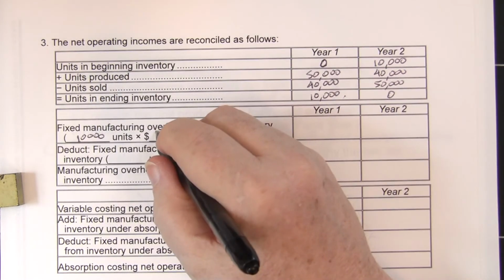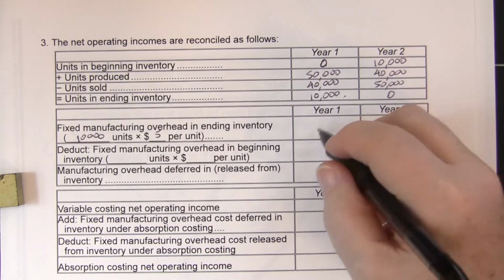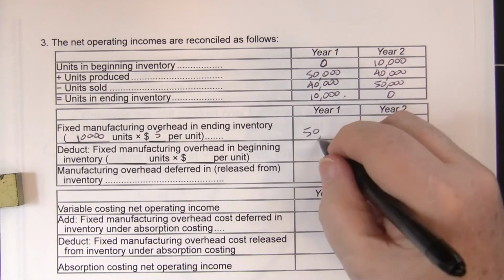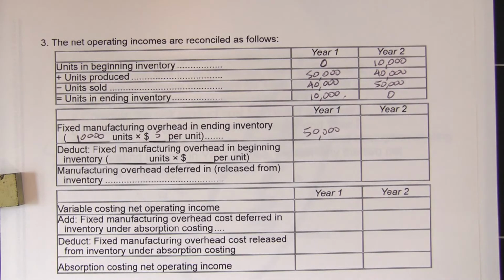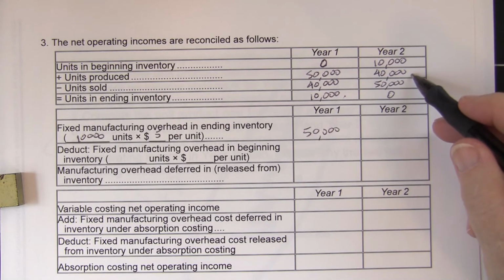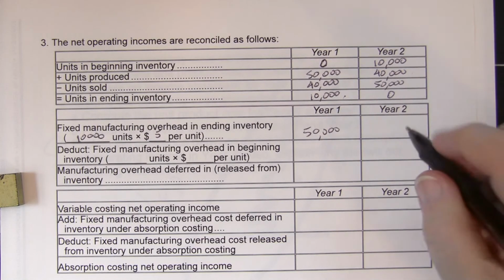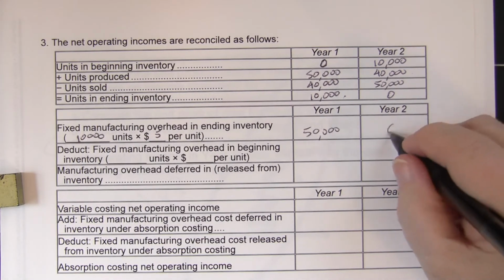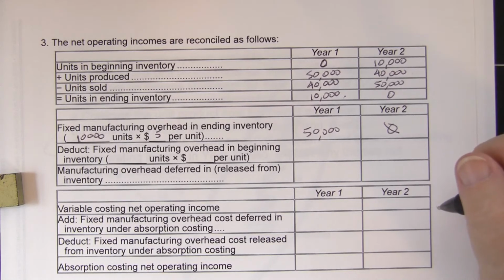So we had that $5 per unit, so that's $50,000 in inventory of fixed overhead from year 1. In year 2, because not only did we use up last year's, but we sold all that we made, we had nothing in ending inventory. So that made that easy.